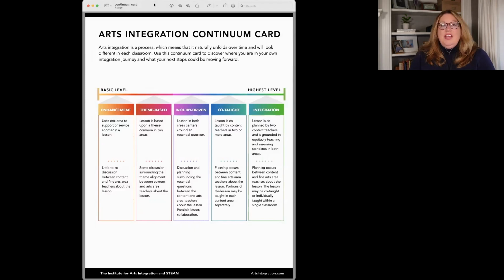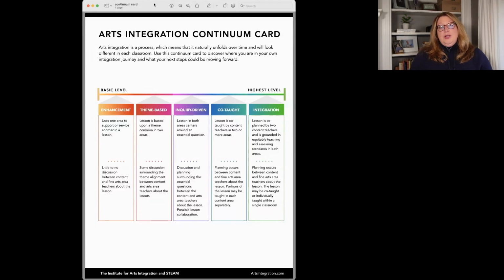Just that one thing bumps your lesson over a shade. And so then you can live there for a while. And then when you're feeling ready, you can bump it a little bit more with another shade over to inquiry-based learning. And so you can move as quickly or as slowly as you want in exploring the continuum across the board. It gives you a lot of freedom, gives you some flexibility, and it allows you to go at your pace.